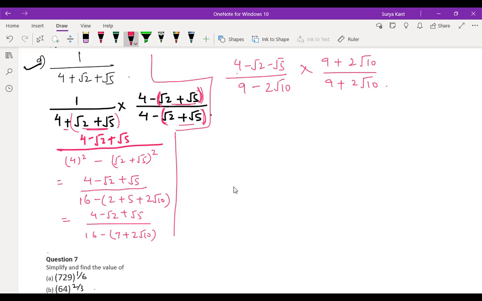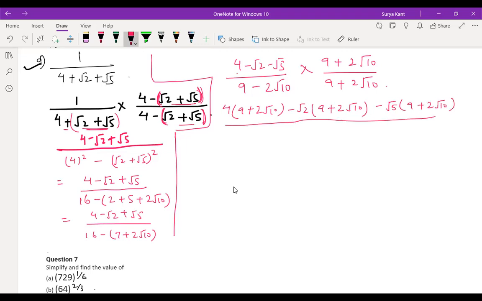Now we can solve 4 multiplied by 9 plus 2 root 10. Again minus root 2 times 9 plus 2 root 10. Again you should write minus root 5 times 9 plus 2 root 10, whole divided by 9 nines are 81 minus 2 twos are 4, 4 tens are 40.